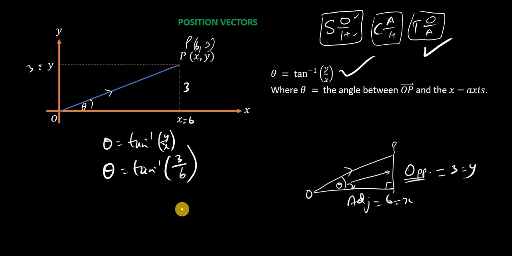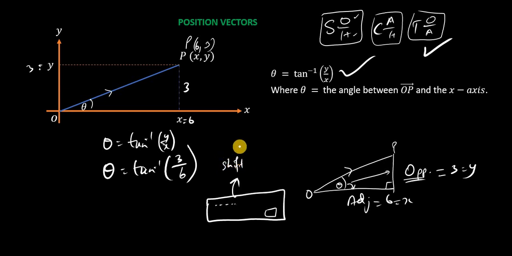To enter that in a calculator, if you have a dual display calculator, by which I mean a calculator where you can put information on top and get the answer down here, then you press shift. You should see that at the top of your calculator.